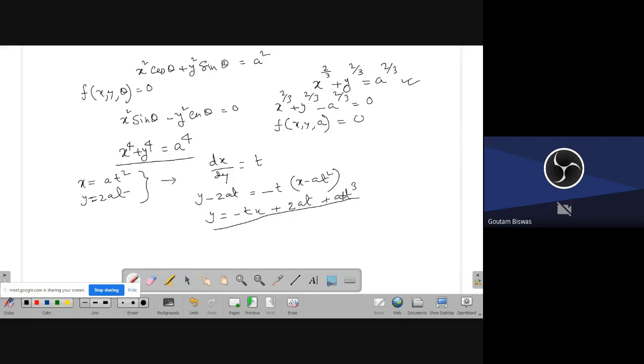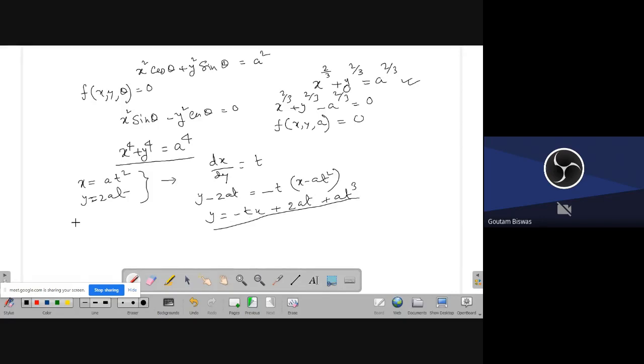Now we can find out the envelope. Just differentiate this equation with respect to t.